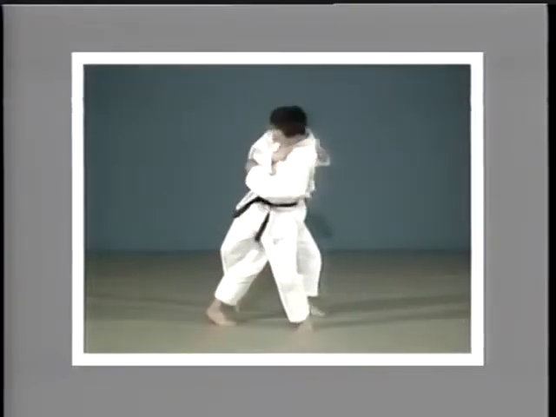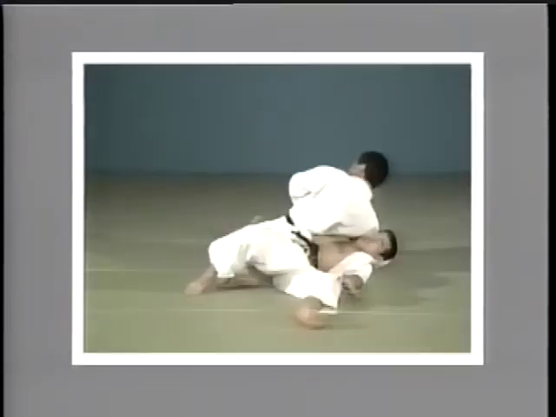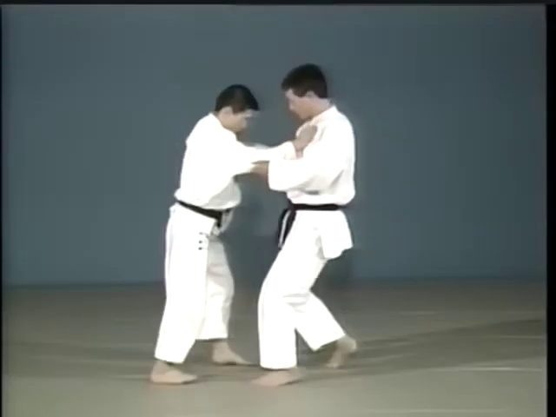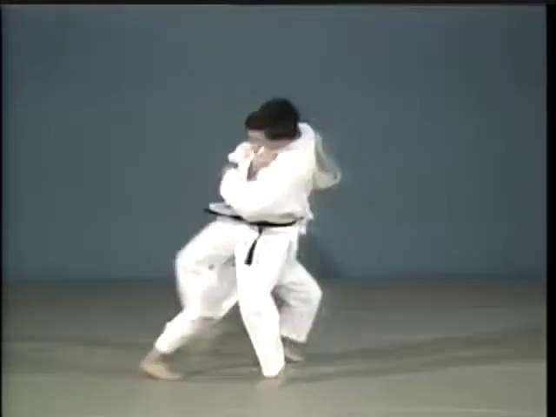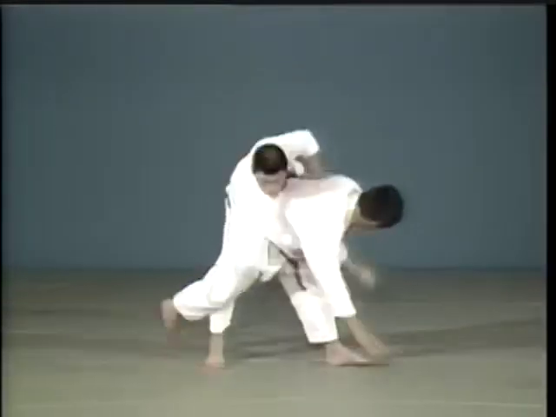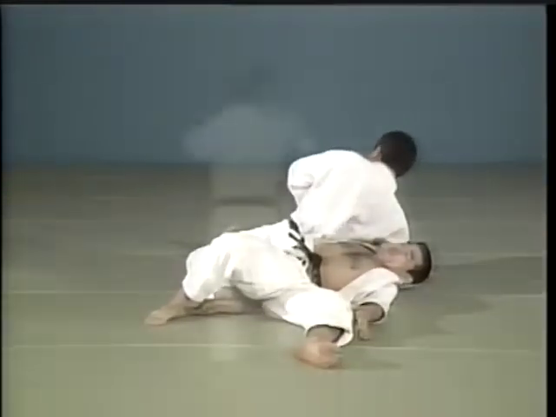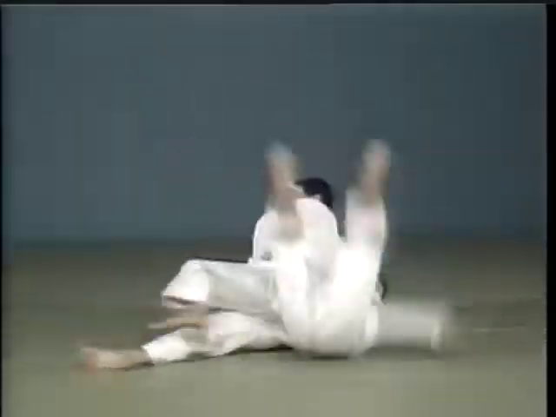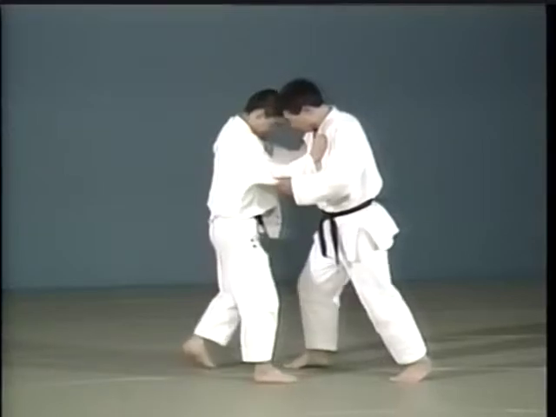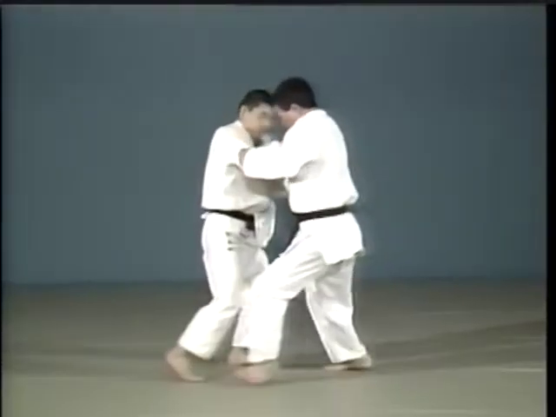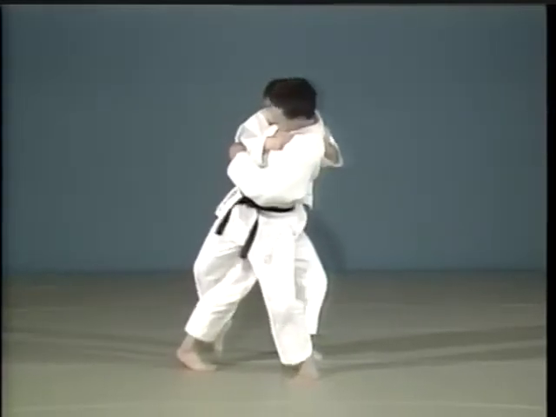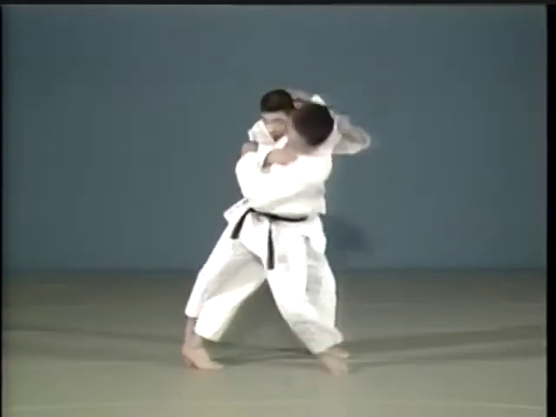O-soto-makikomi. O-soto-makikomi starts with one of the O-soto-gari family of techniques, followed by either an outer or inner wraparound throw. In the first case, following your opponent's defense of an O-soto-gari, you throw by wrapping him around you in an outward direction.